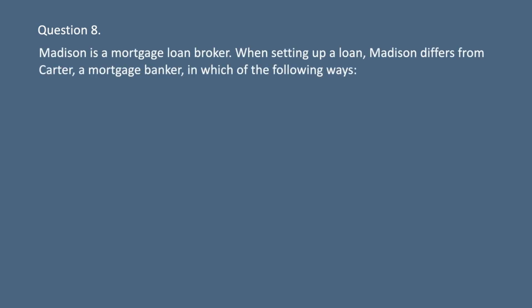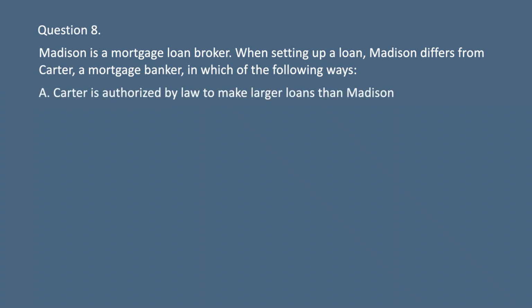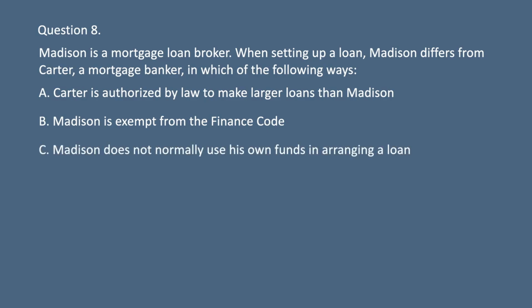Question 8. Madison is a mortgage loan broker. When setting up a loan, Madison differs from Carter, a mortgage banker, in which of the following ways? A. Carter is authorized by law to make larger loans than Madison. B. Madison is exempt from the Finance Code. C. Madison does not normally use his own funds in arranging a loan.